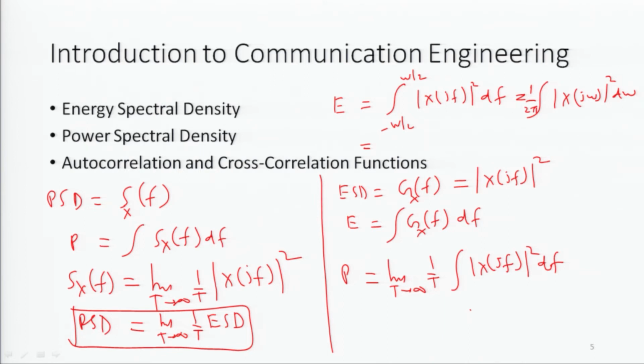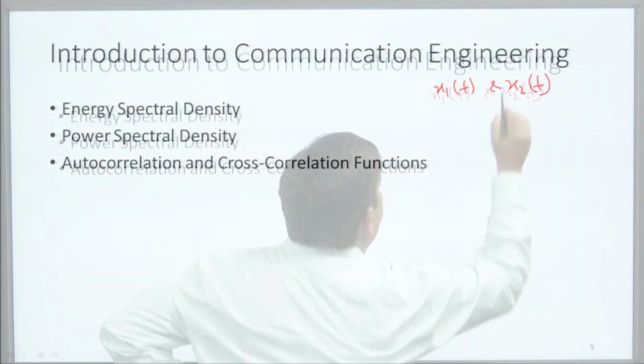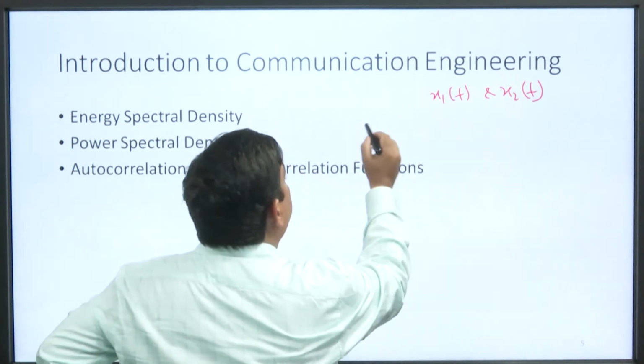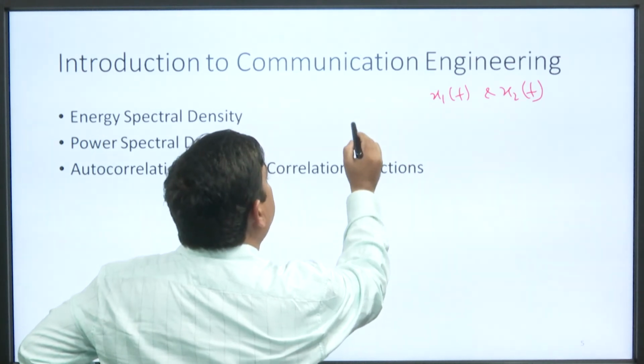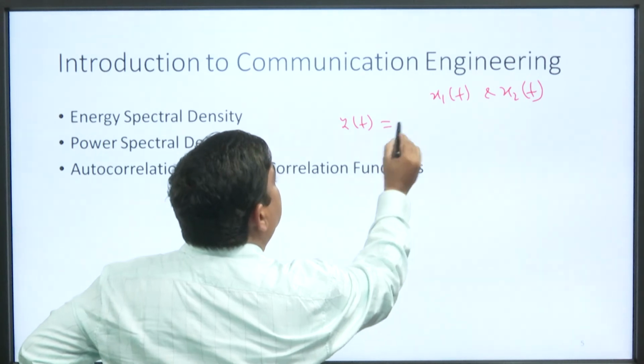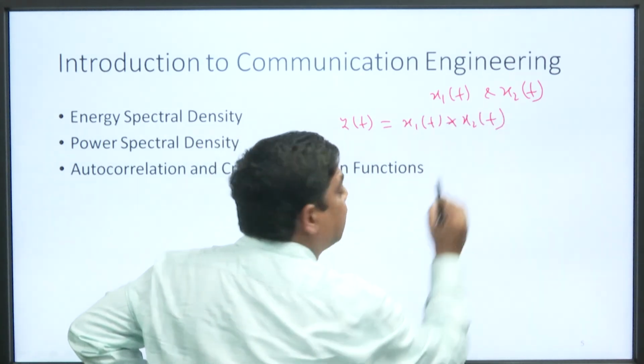Okay. To discuss autocorrelation and cross correlation functions, before that, suppose there are two signals x1(t) and x2(t) in the time domain. Then their linear convolution, suppose that is y(t), x1(t) linearly convolved with x2(t).